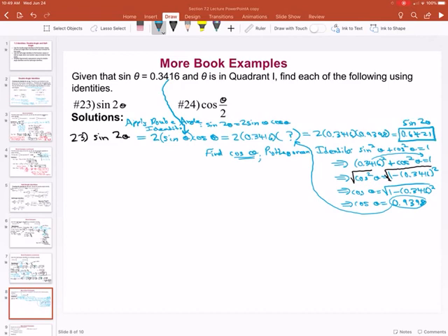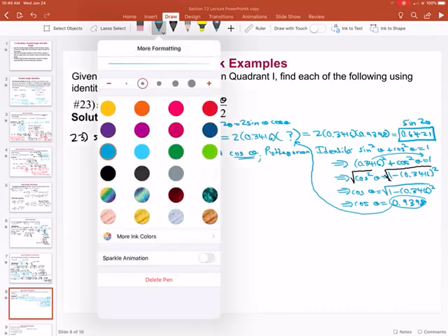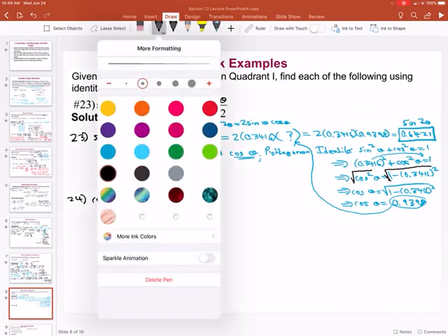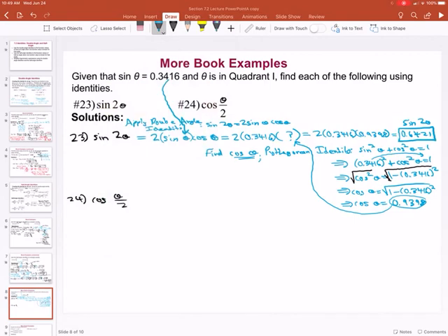All right, now let's look at the next one, problem 24. It wants us to introduce half angle identity. So let's go ahead and write that down. We're going to need to apply the half angle identity for cosine. We just got finished working with that.